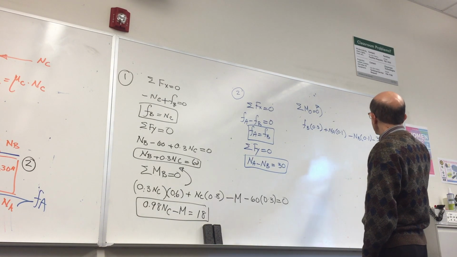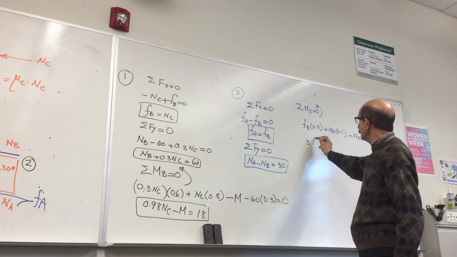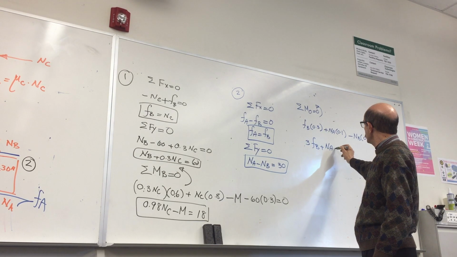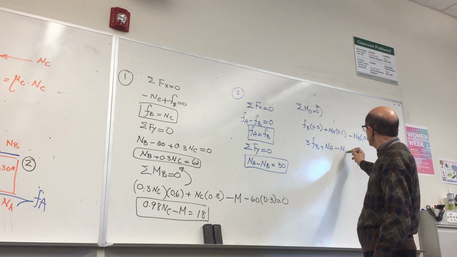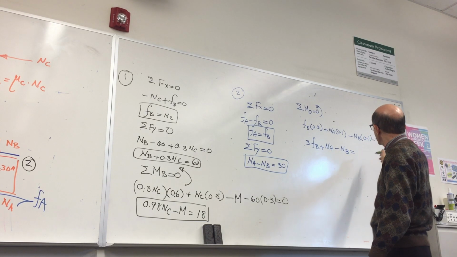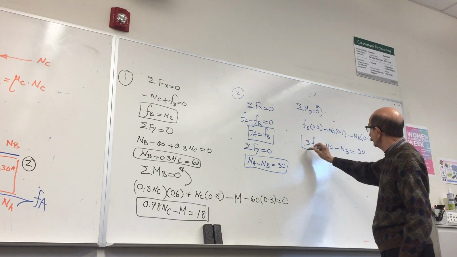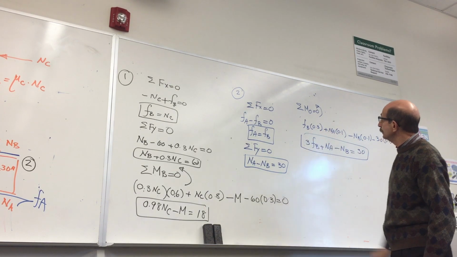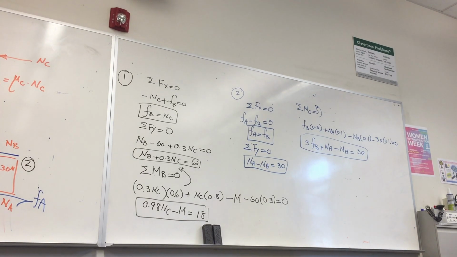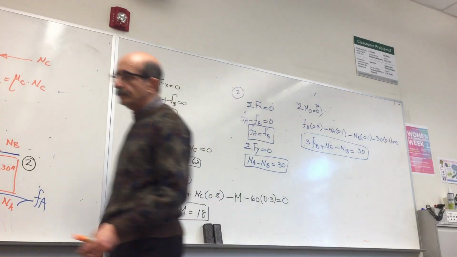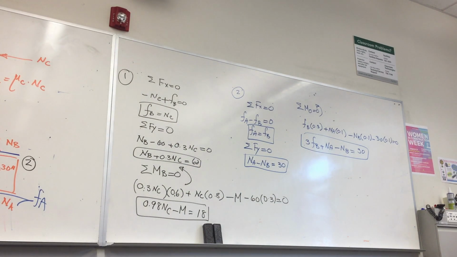That would give me 3FB plus NA minus NB is equal to 30. Okay, so we just need to find all the unknowns by solving these equations. So I'm going to give you all the answers that you need.